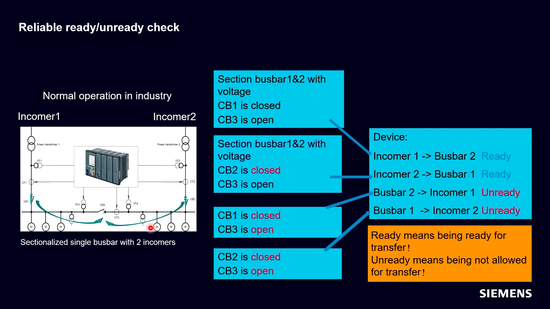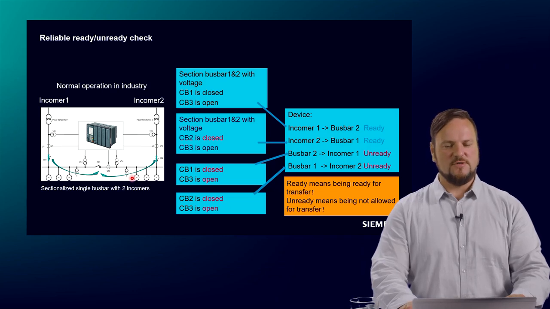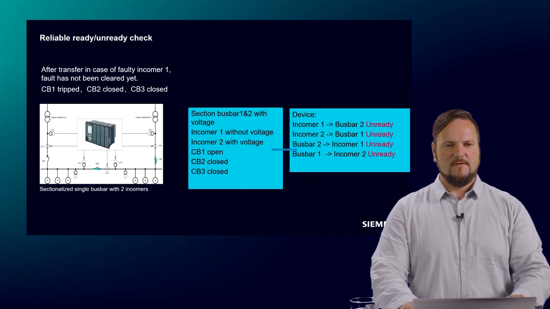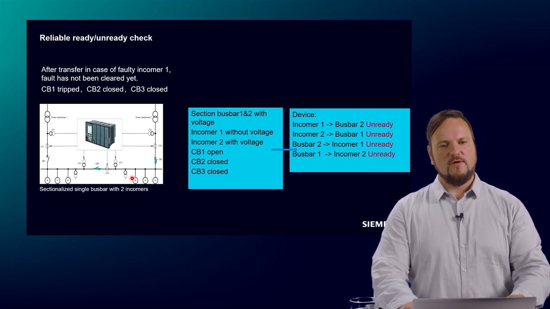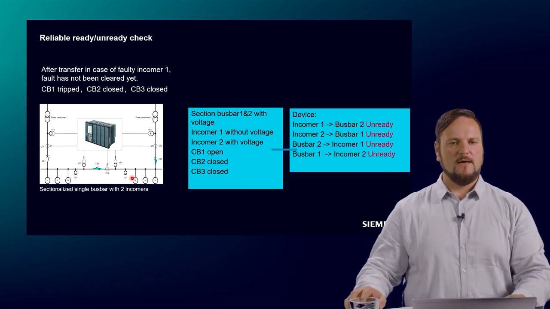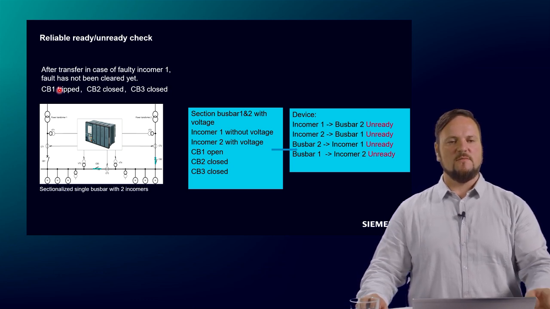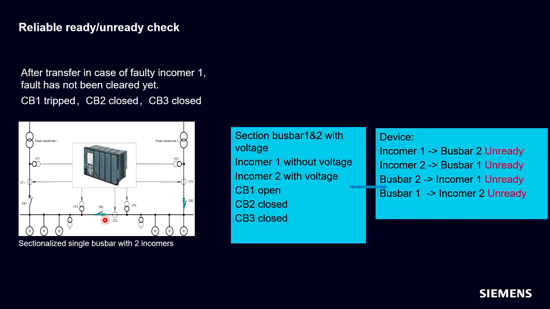And of course, we talk about readiness and unreadiness. Ready means ready for transfer. Unreadiness means we are not ready for transfer because of a missing status, because of a missing voltage, or because of other issues. If we have a fault, for example, in a faulty incomer, incomer 1, then we have the following status. CB1 is tripped, CB2 is closed, and the section CB is closed as well. So we deliver the energy from the second infeed, from the alternative infeed, to the whole busbar.